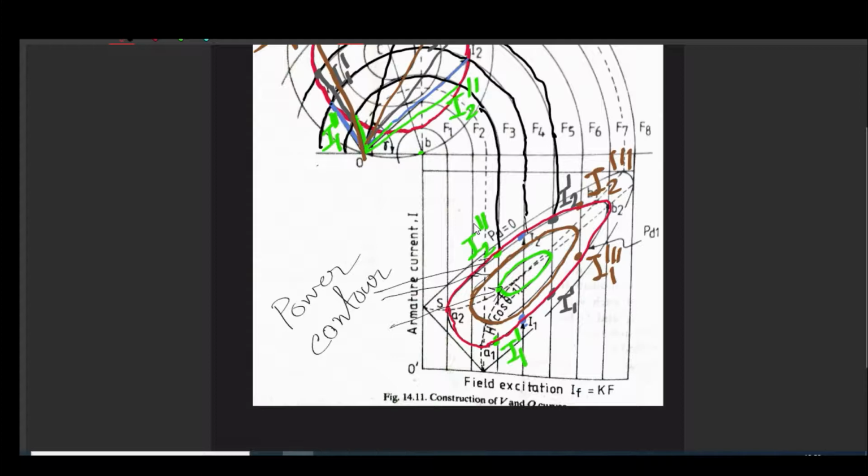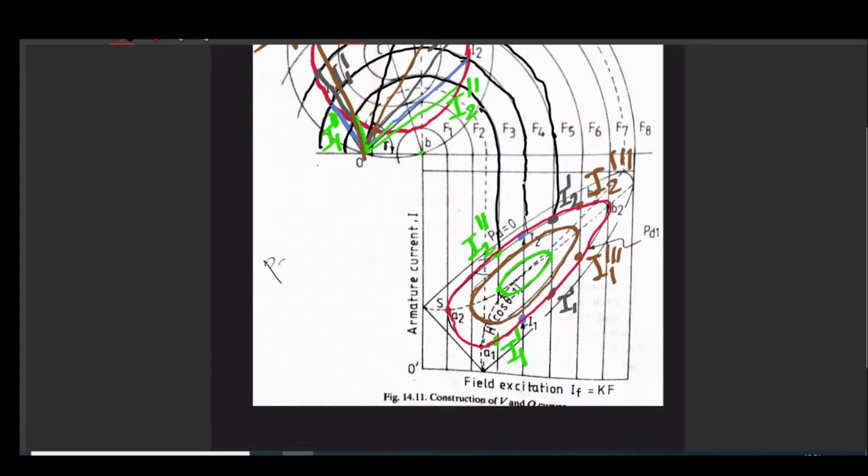Well, now for these power curves, what is interesting is how we can figure out the particular point of unity power factor. What we know is that for unity power factor, current is minimum for a given power.